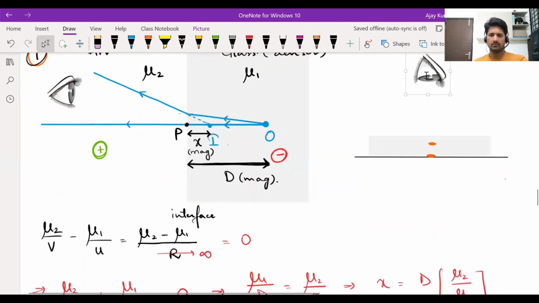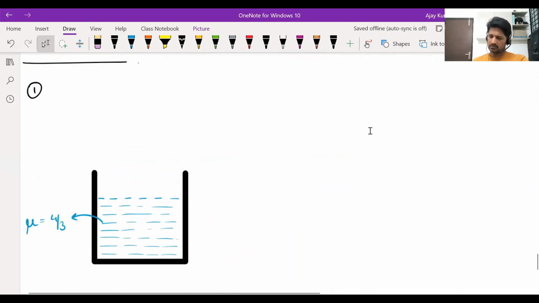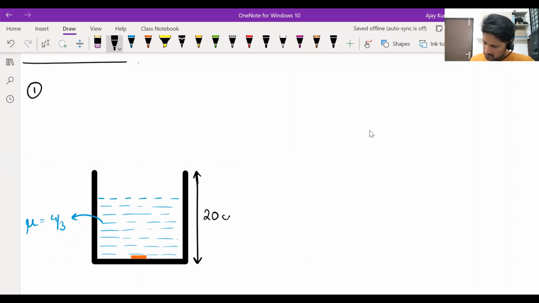Suppose there's an object at the bottom of this tumbler, like a coin. Let's say the height of the tumbler is 20 centimeters maybe. But the height of water in the tumbler is only up to 15 centimeters.